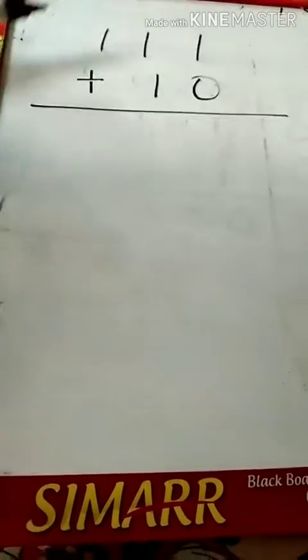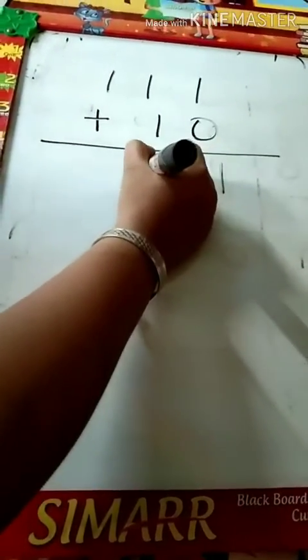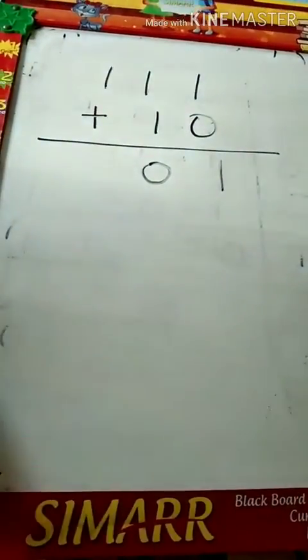Students, here I can take an example of binary addition: 111 plus 10. How can we solve it? We can solve it by following the rules. Here 1 plus 0 is equal to 1, 1 plus 1 is equal to 0 with a carry of 1, so we keep the carry here.